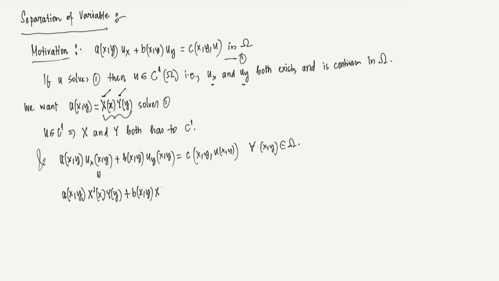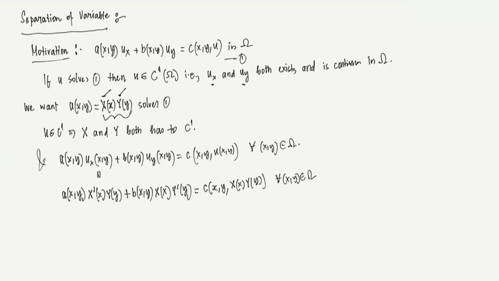It says X(x) Y'(y). And then this part you of course have c(x,y) X(x) Y(y). So this has to be satisfied for all x, y in omega. I hope you are clear here.